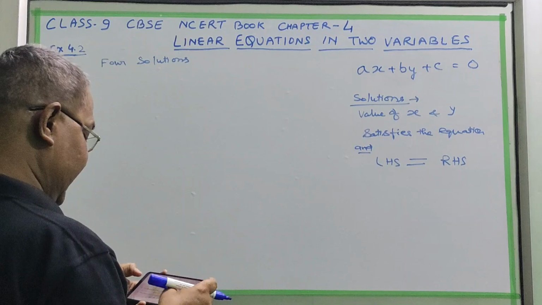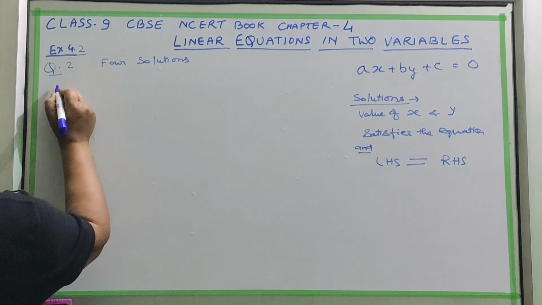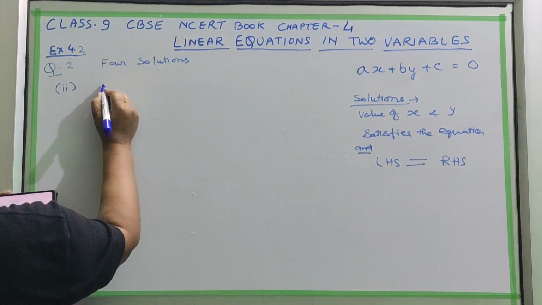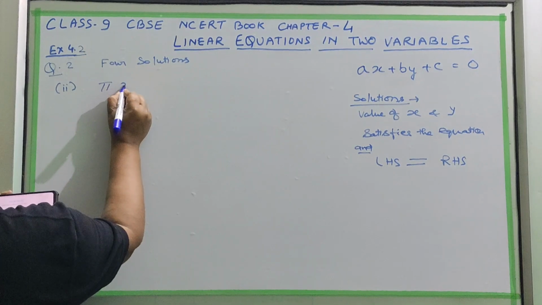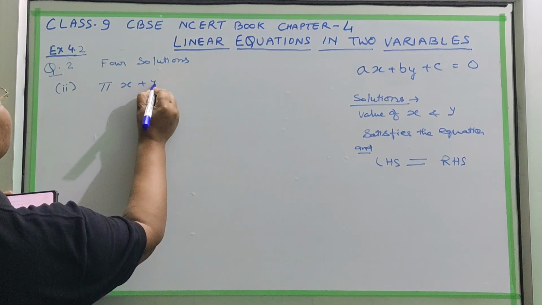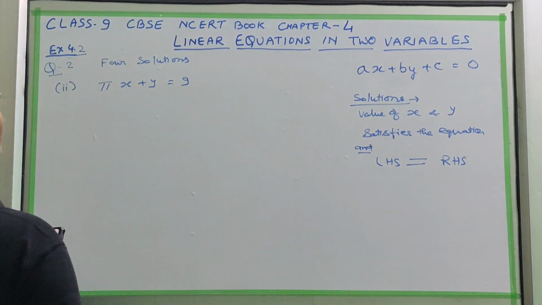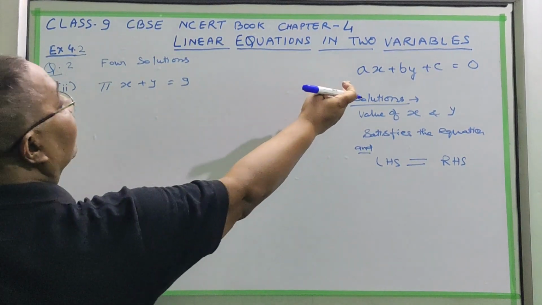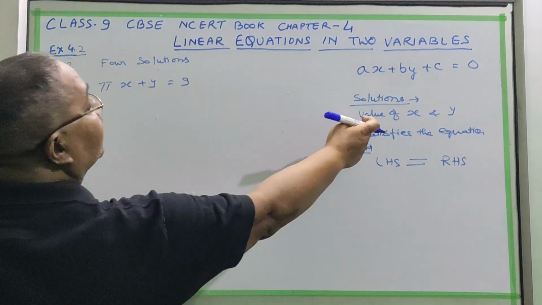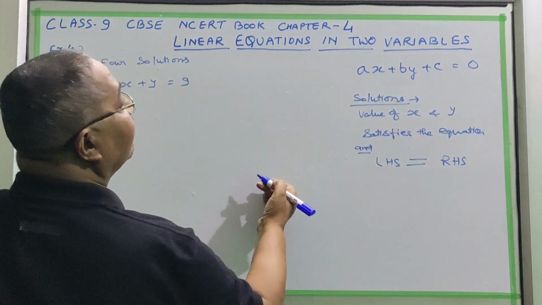So first we will take question 2, sub-part 2. Pi x plus y equal to 9. Here you can take any value.